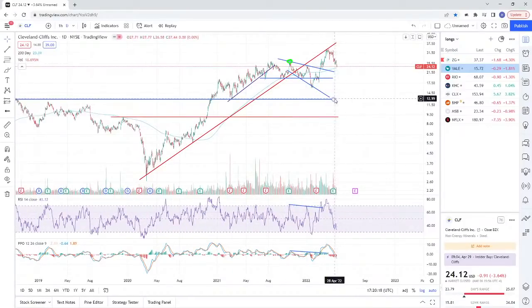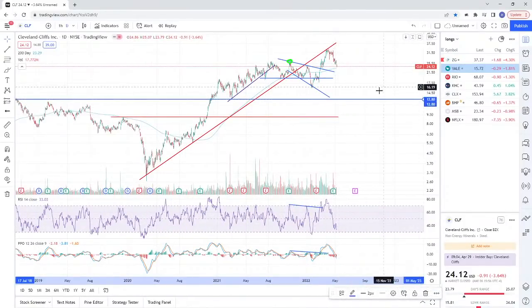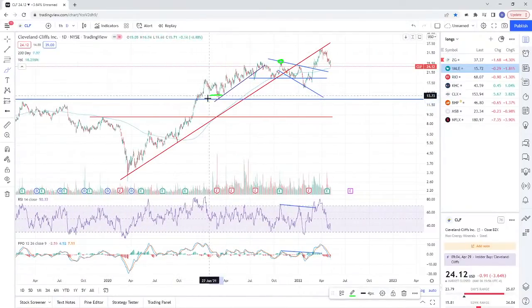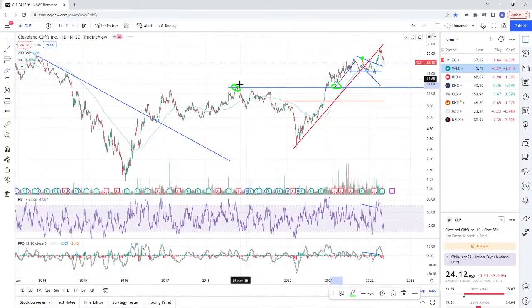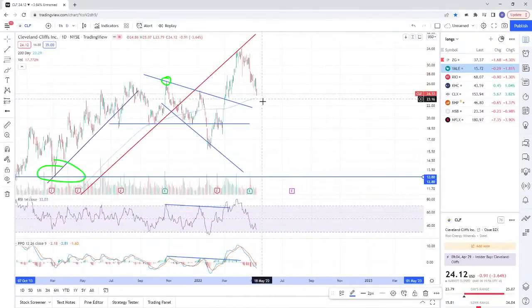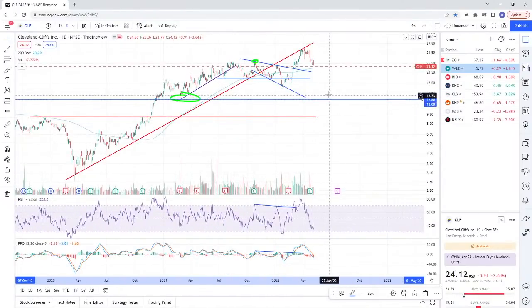It's probably going to come into this level right here, 1292. It's probably going to come down to here, and that to me looks like a good buy zone. Somewhere down there probably.